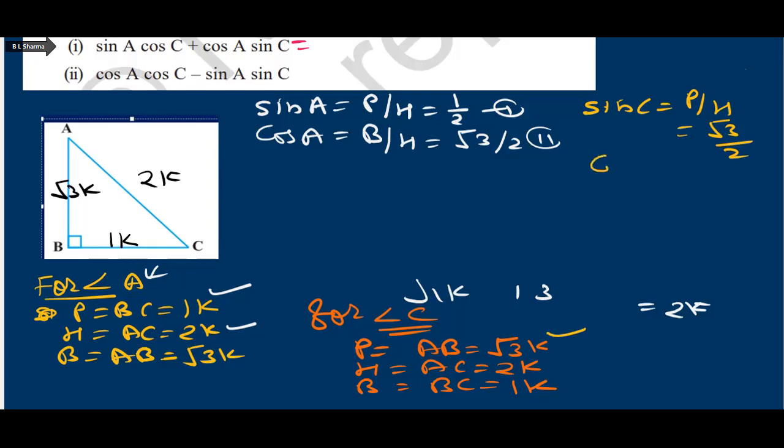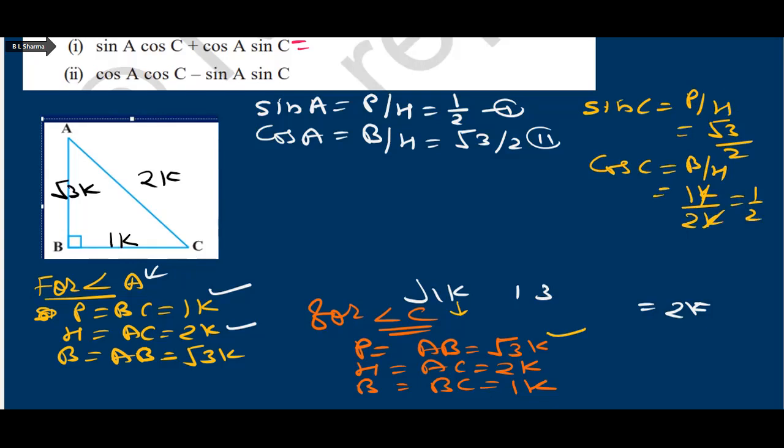And cos C, that is base upon hypotenuse. Cos C is base upon hypotenuse for acute angle C. Base is 1k and hypotenuse is 2k. k and k cancel, that is 1 by 2.